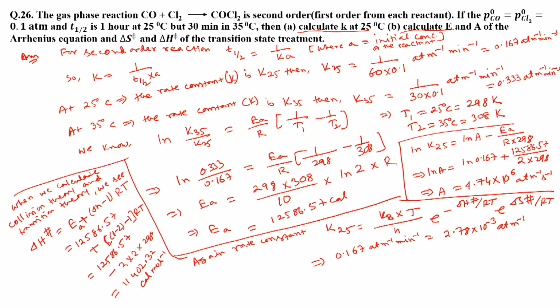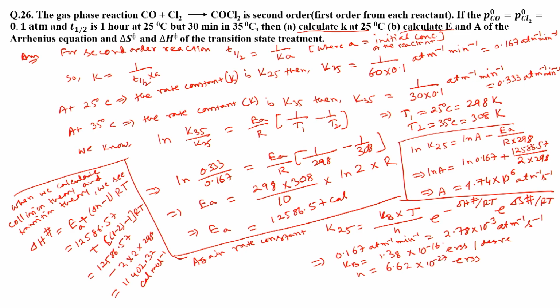And the value of kB, the Boltzmann constant, is 1.38 times 10 to the minus 16 in ergs per degree, and h is also known in ergs.